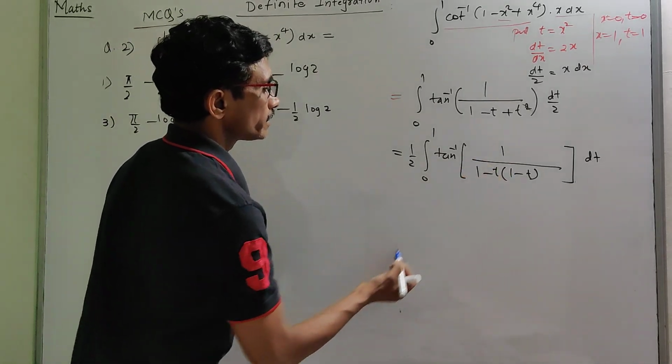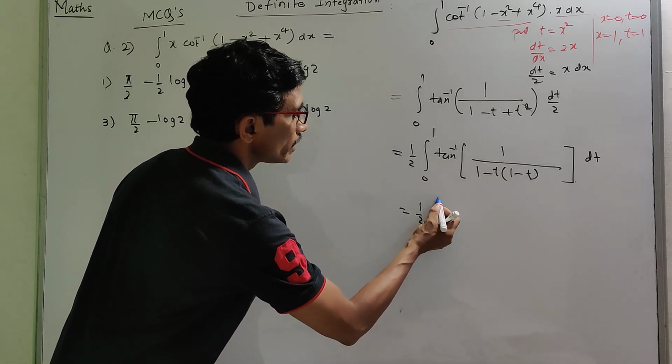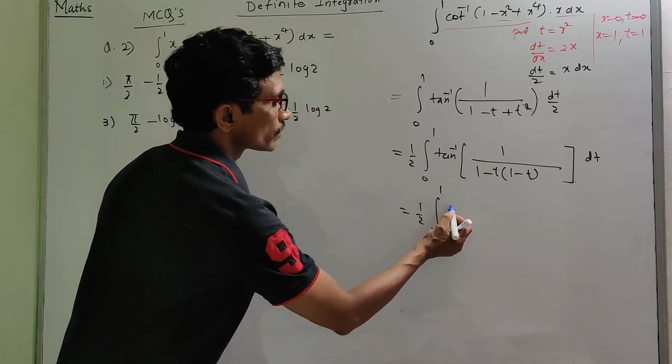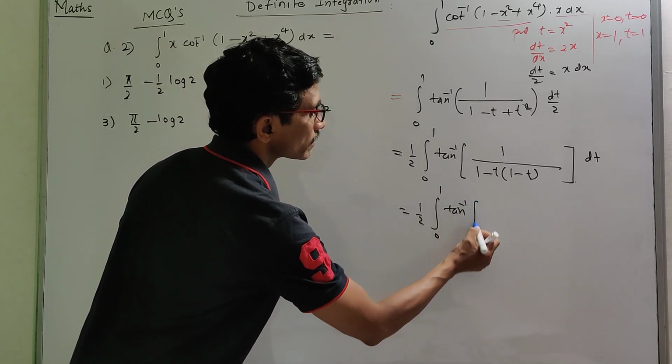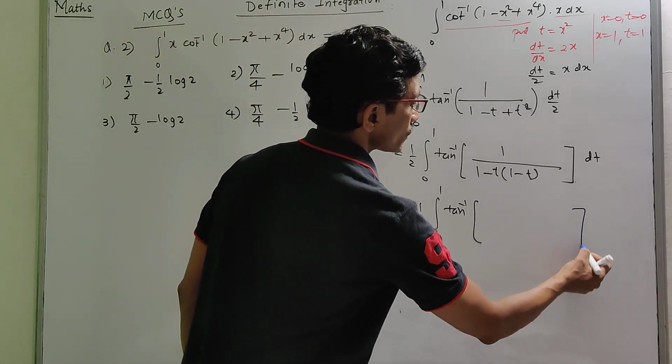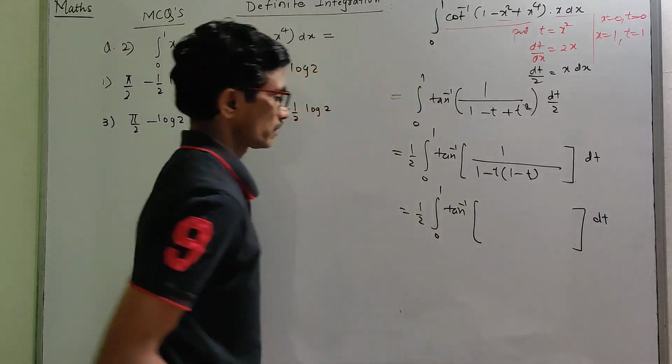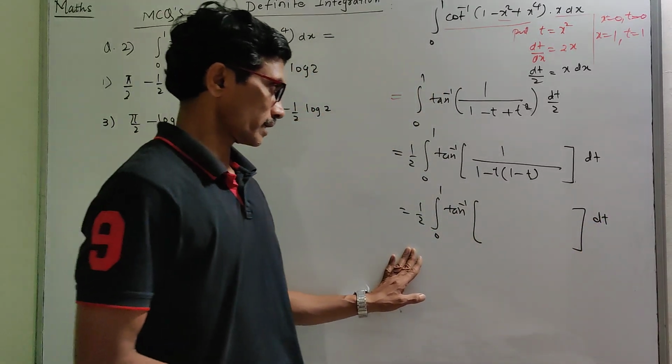So we can write it as 1 by 2 integral 0 to 1 tan inverse of, here it is dt, 1 by 2 already we took outside.